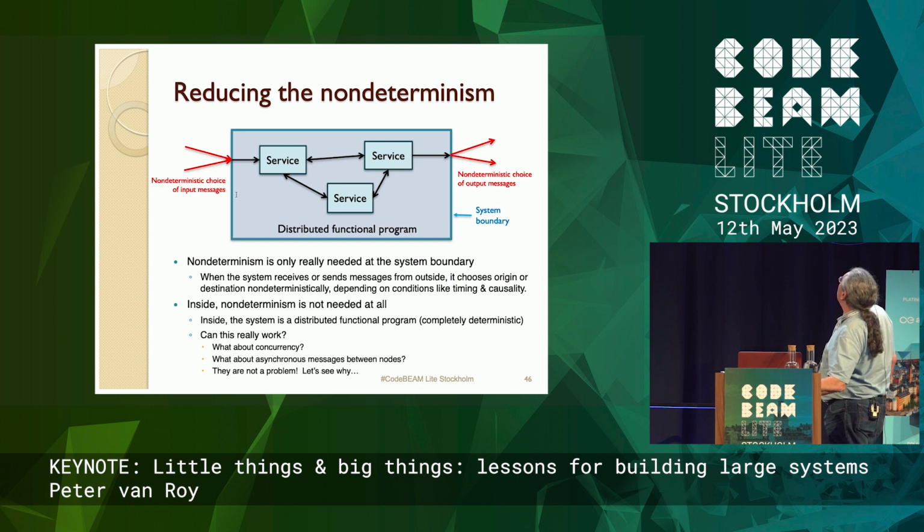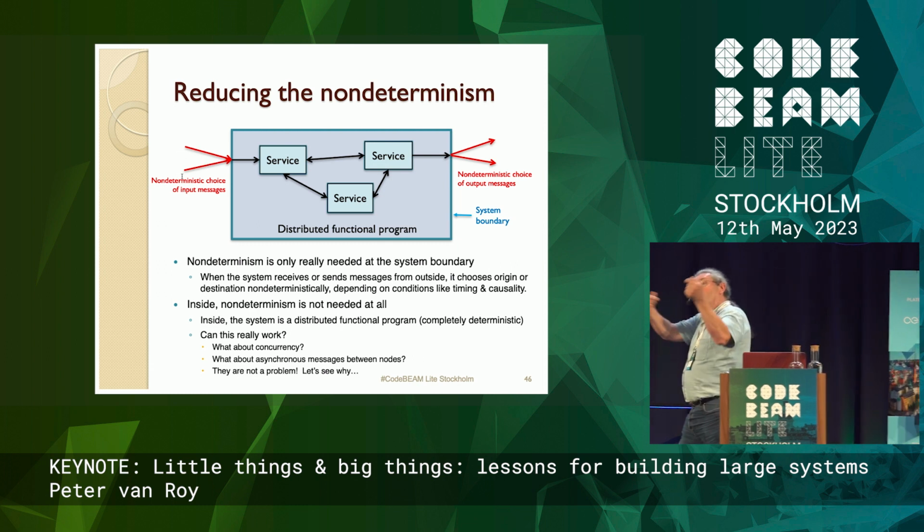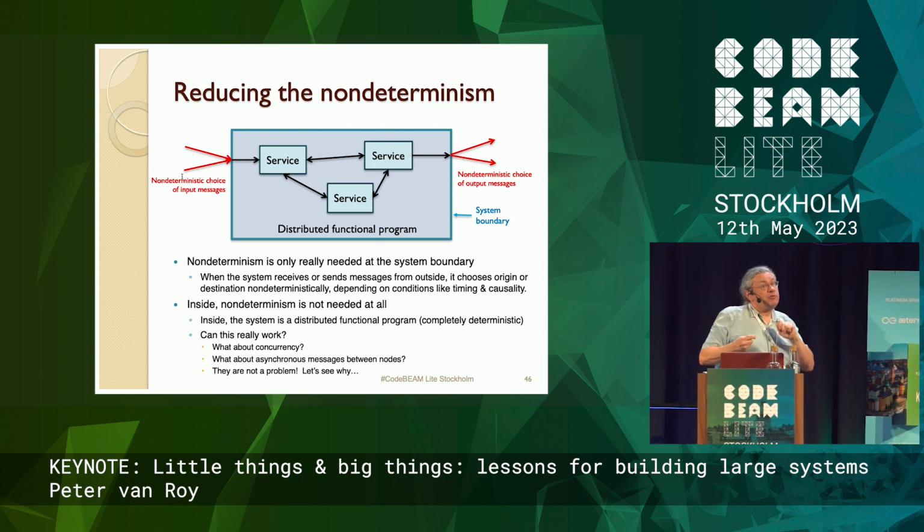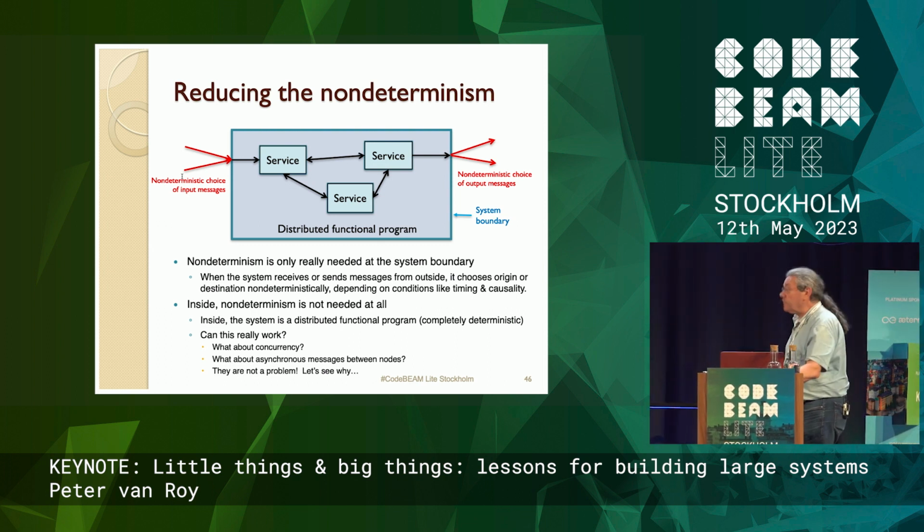So here in this blue-gray rectangle, you have a distributed program. When it receives a message from the outside, the message can arrive from multiple points. And depending on the timing, one or the other message arrives first. The one that arrives first is not chosen by the program, but externally, so that's nondeterminism. And in the other direction, you may also have to make a choice.